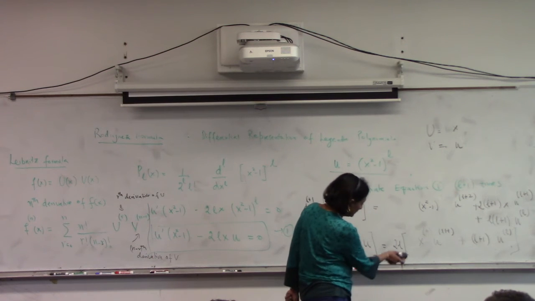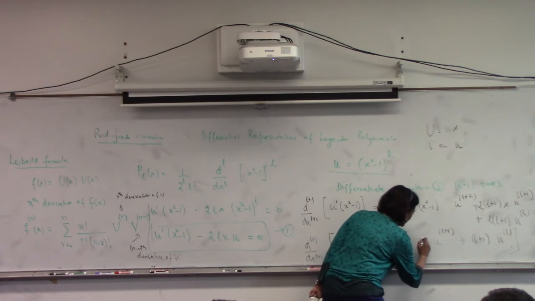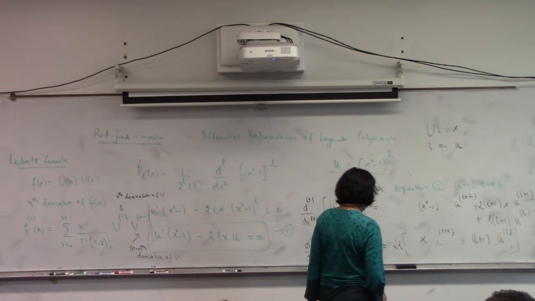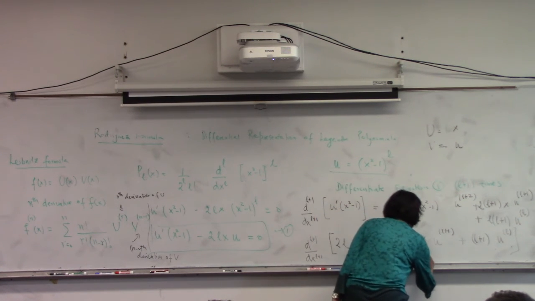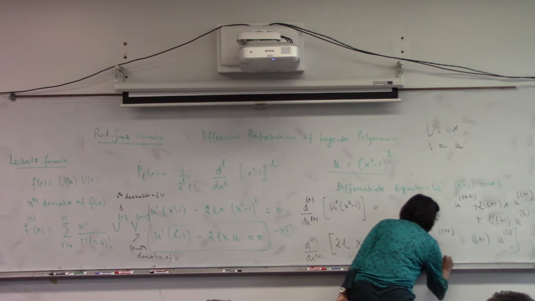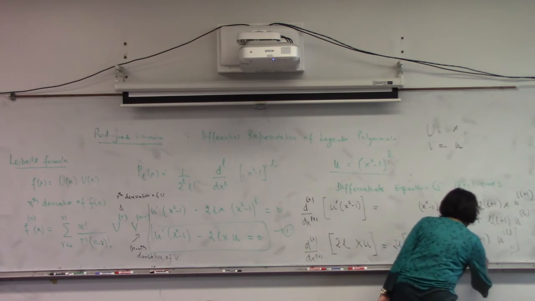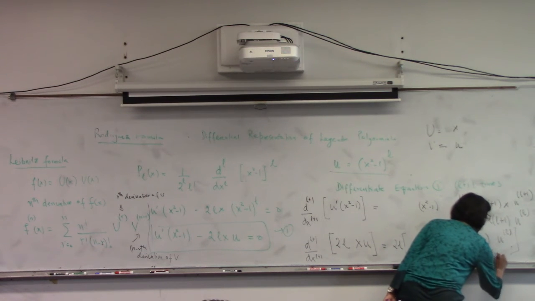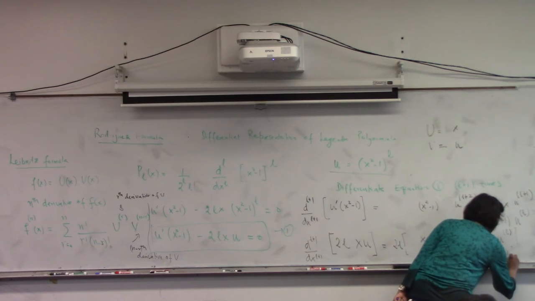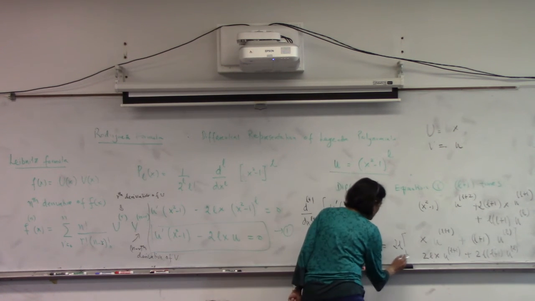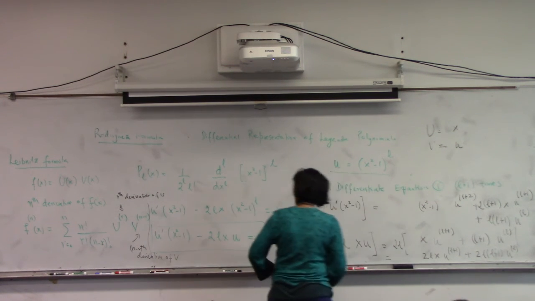So x to the power, don't take the derivative, means x, right? Okay, this is what we have, which I can write as x, the L plus 1 derivative of u, plus L plus 1 times x, the L derivative of u. All right, so this is my second term.